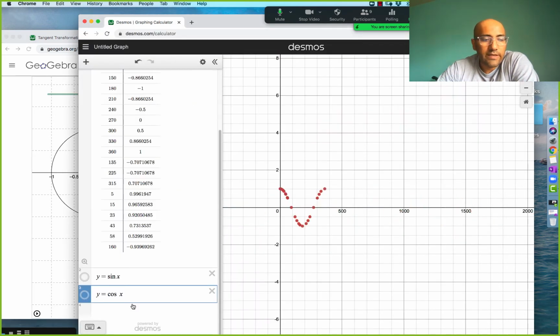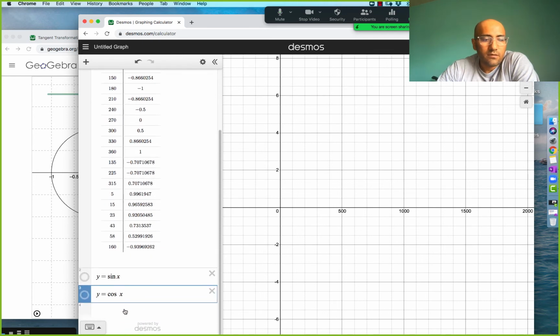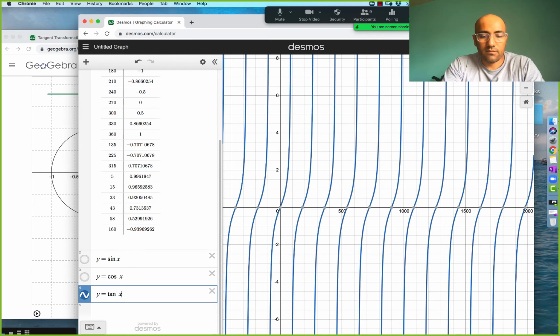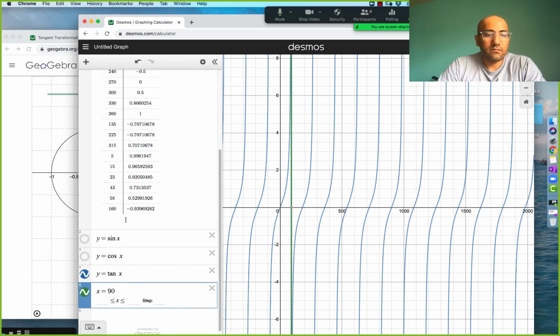Let's see what it looks like on Desmos. So we can do the same thing here. y equals tan of x. We see we get that. And then these are in degrees, so I can do the asymptotes. x equals 90 degrees.